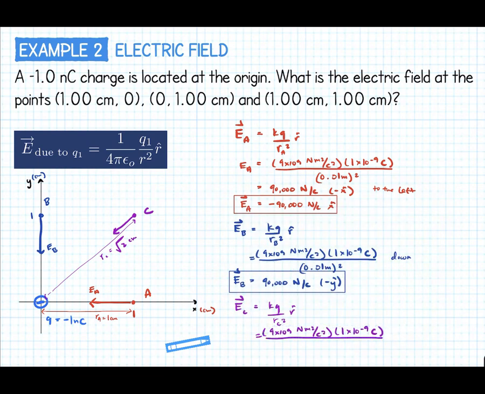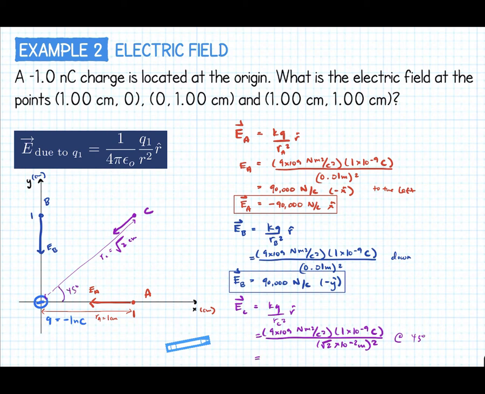But what's changed now is this is the square root of 2 times 10 to the negative 2 meters squared. And that's the square root of 2 centimeters, but remember, it's 0.01 meters, so you have to do the conversion from centimeters to meters. And this should be sort of at 45. Right, you can see this angle has to be 45 degrees.